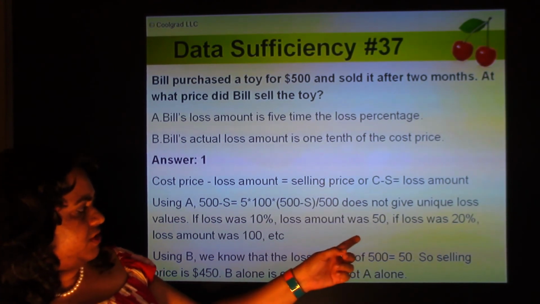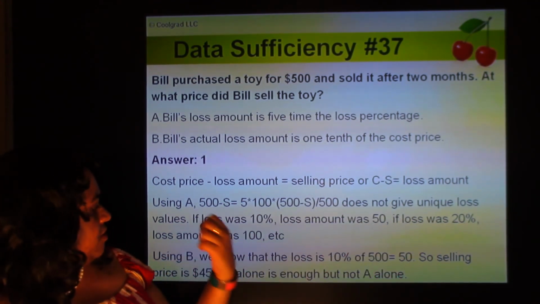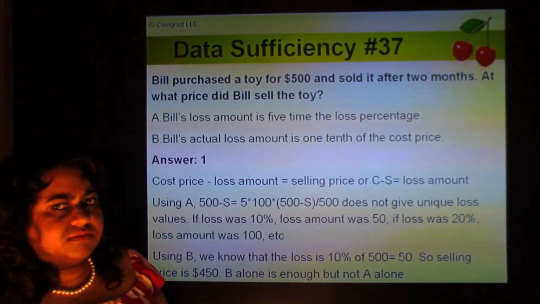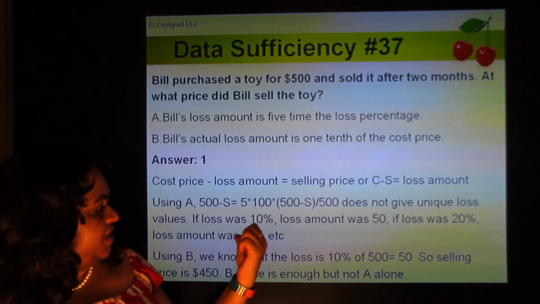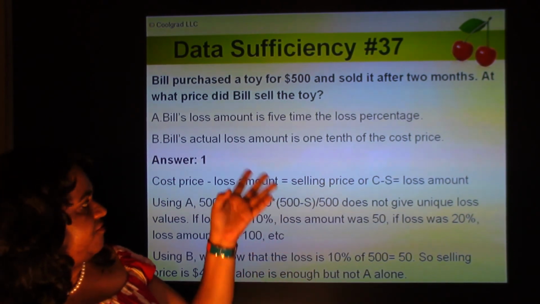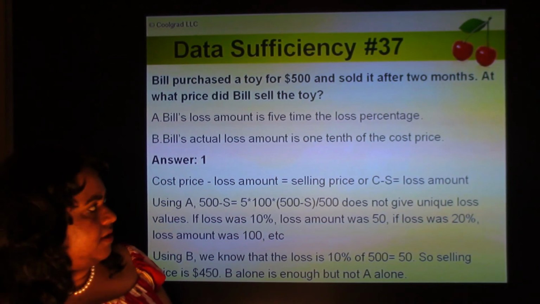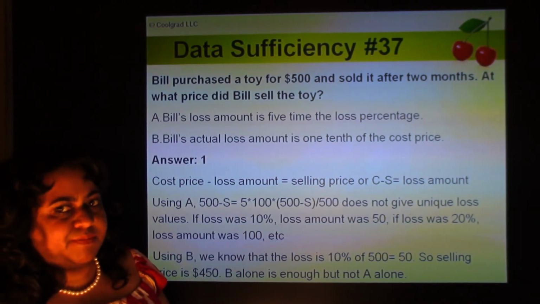If the loss was 20%, the loss amount would be $100. So either of these values would satisfy this condition, and you don't get a unique solution using statement A alone.